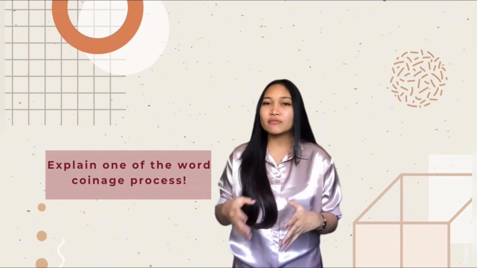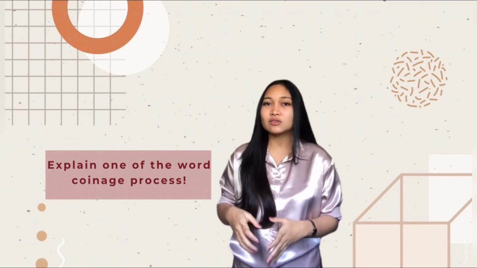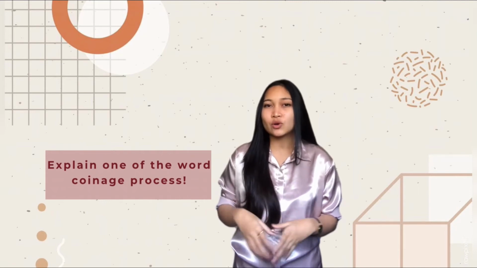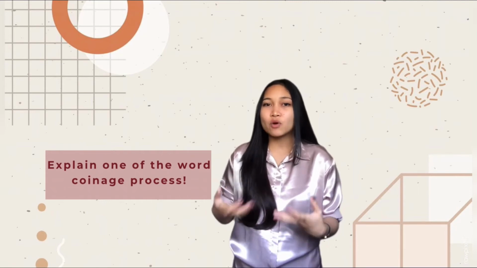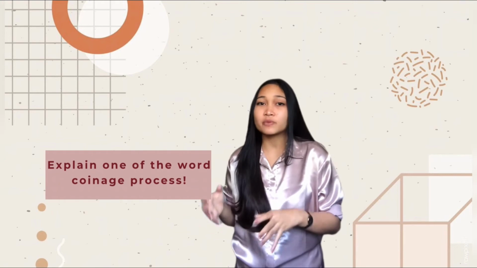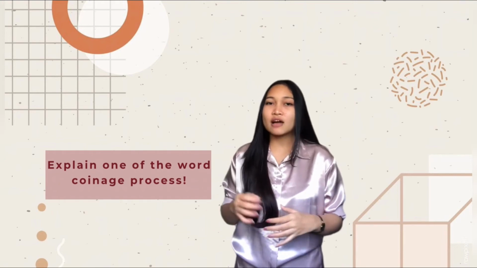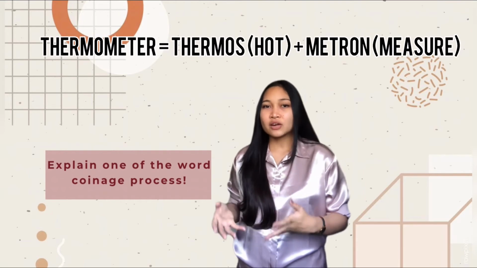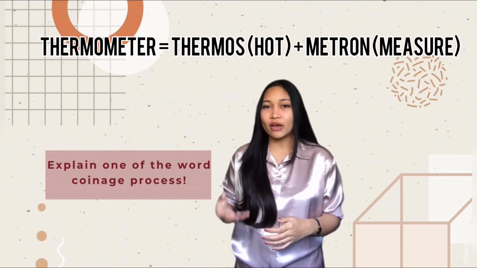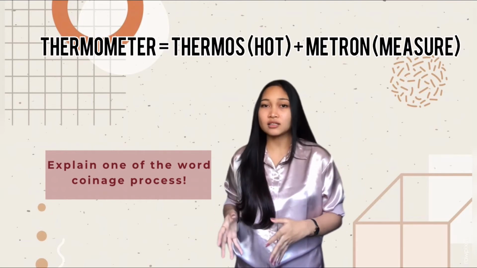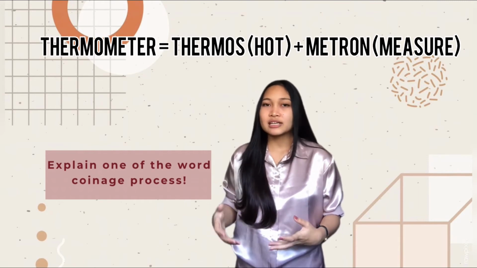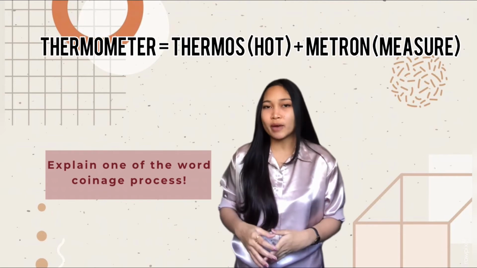This is a very rare and uncommon method to create new words, but in the media, people try to outdo each other with more and better words to name their products. For example, I will explain one word, thermometer. Thermometer is divided into the prefix thermos, which means hot, plus the suffix metron, which means measure, so that gave us thermometer.